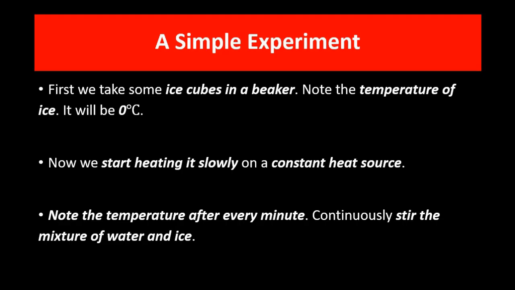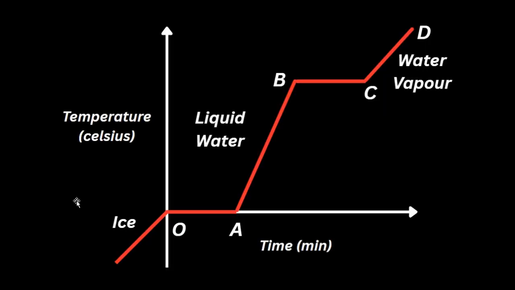Suppose ice is initially at a lower temperature. Here I have taken this XY plot where temperature in Celsius is on the y-axis and time in minutes is on the x-axis. Initially the temperature is slightly negative, that is, less than 0 degrees Celsius.